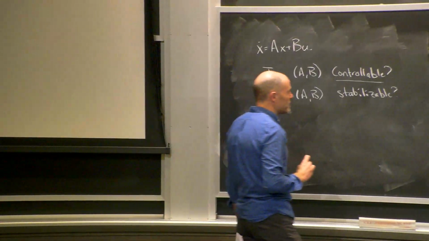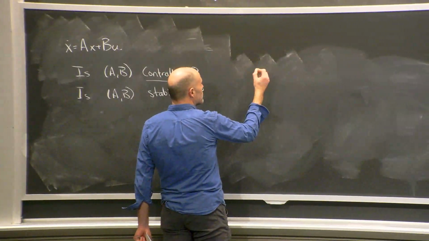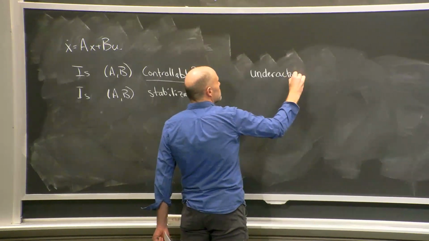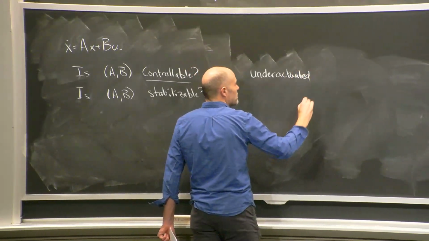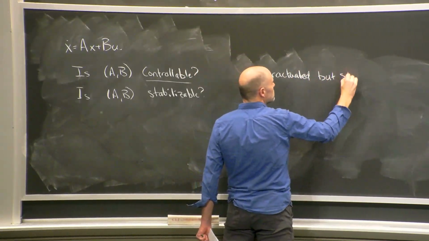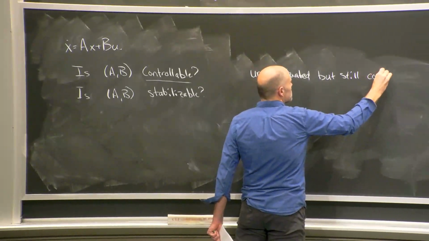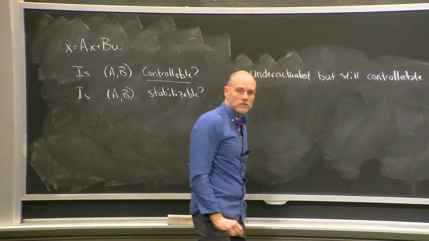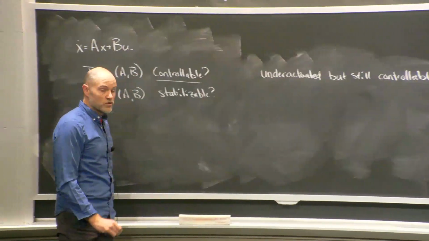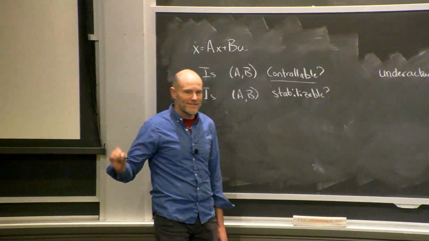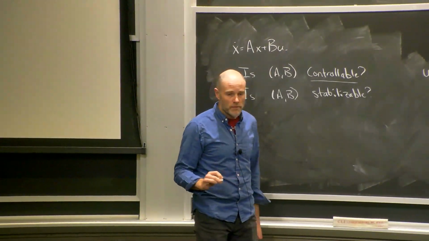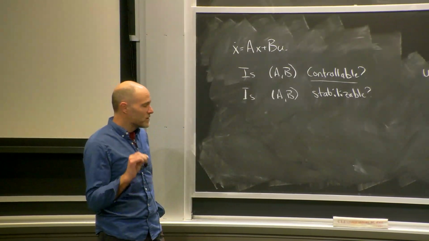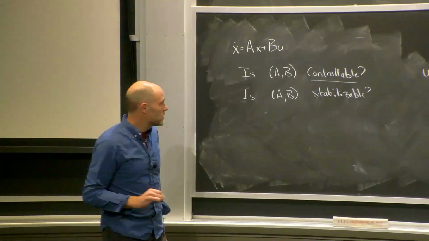One big takeaway here is that you can be underactuated, but still controllable. That's super important. I mean, that's kind of like everything we're doing here. Underactuation is talking about whether instantaneously I can produce accelerations.